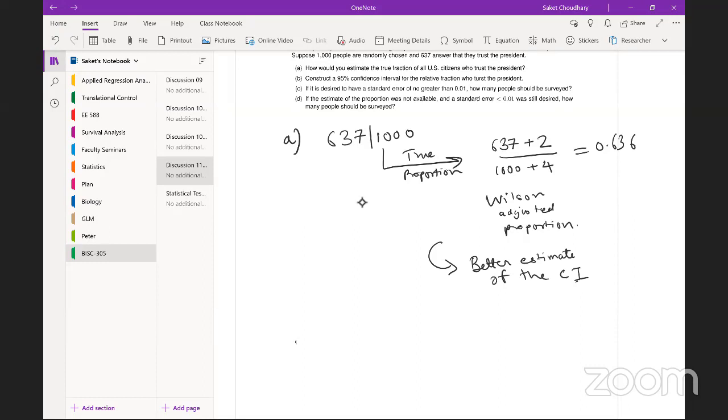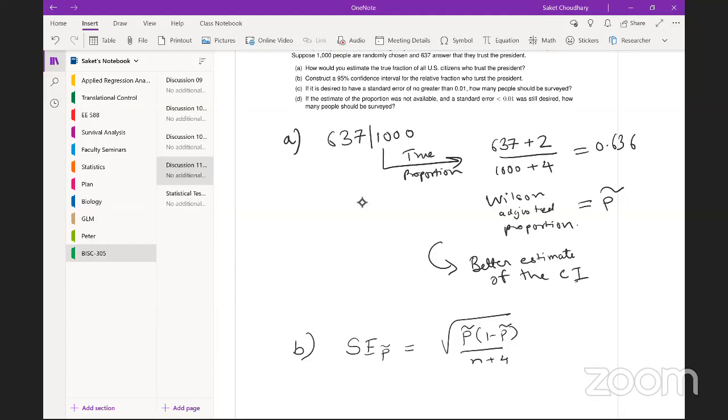Okay, all right. So we'll go to problem B, which is asking us to estimate the 95% confidence interval. For that, we require the estimate of the standard error of p tilde. And the standard error is again very similar to what we did earlier. So I will denote this as p hat.